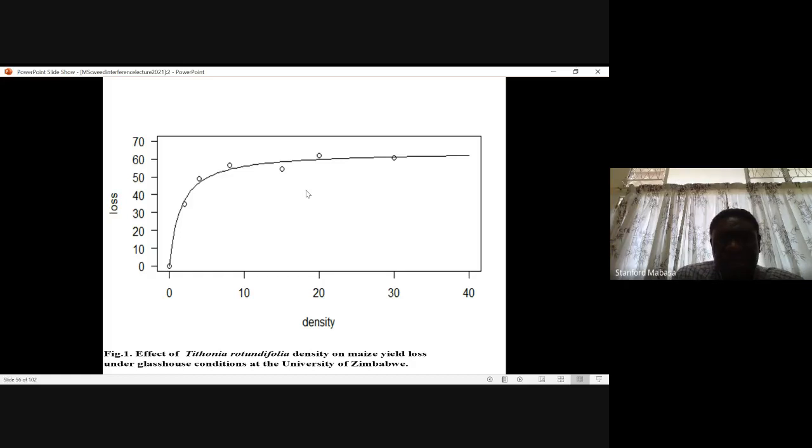Now, here at UZ, we had a student who studied the effect of tithonia in maize. So he varied the density of tithonia in maize. This is the sort of graph which was obtained. So here could be our A, and here could be our I for tithonia.